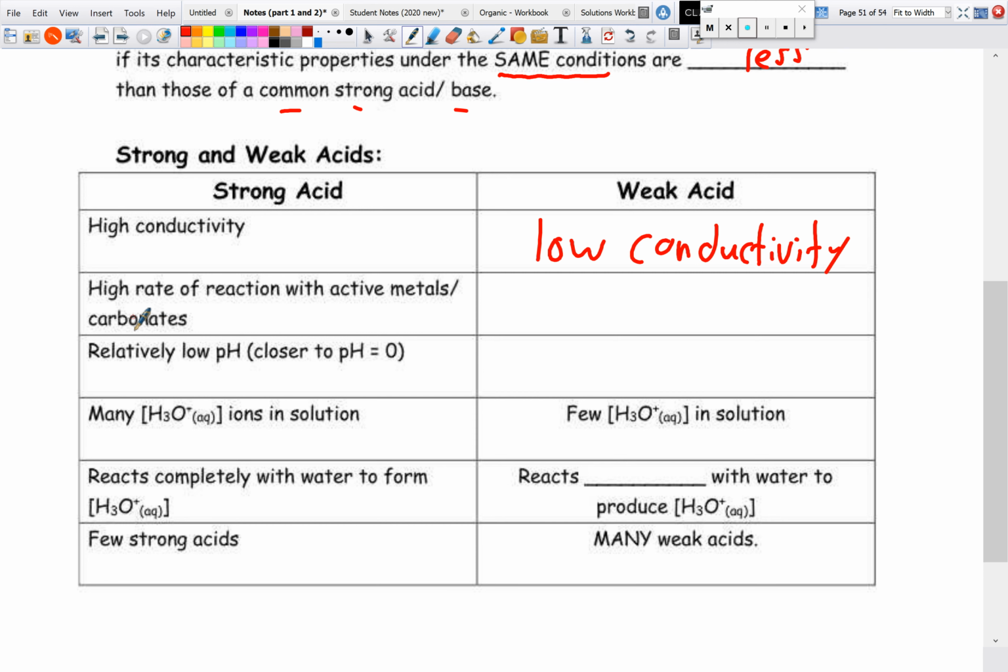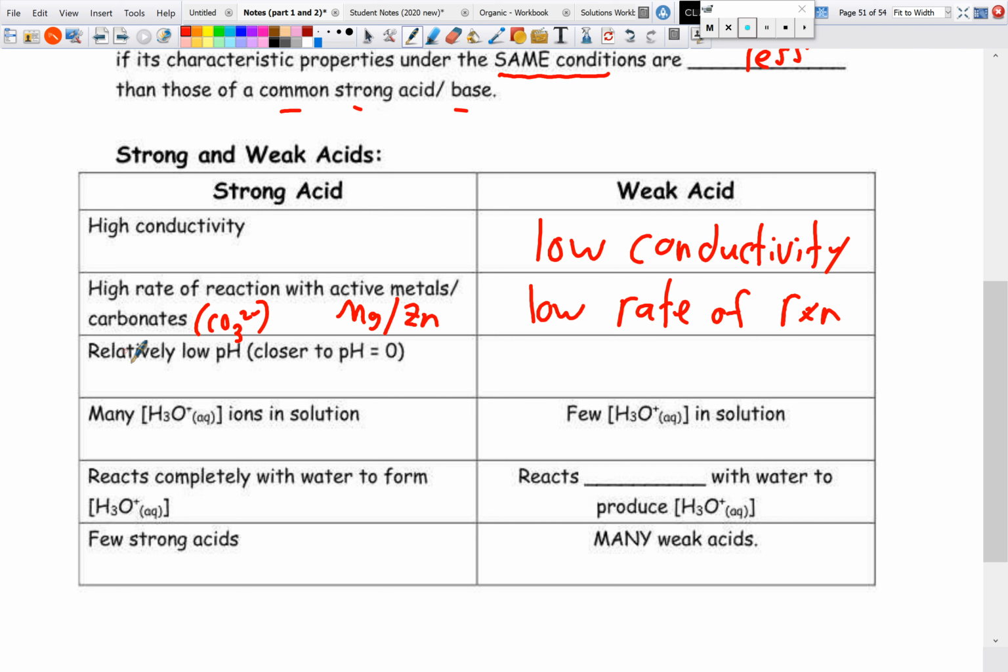All strong acids have a high rate of reaction, so weak acids, having less of that characteristic, have a low rate of reaction with active metals. Active metals are magnesium and zinc, and carbonates are anything that has CO3 2 minus in it.